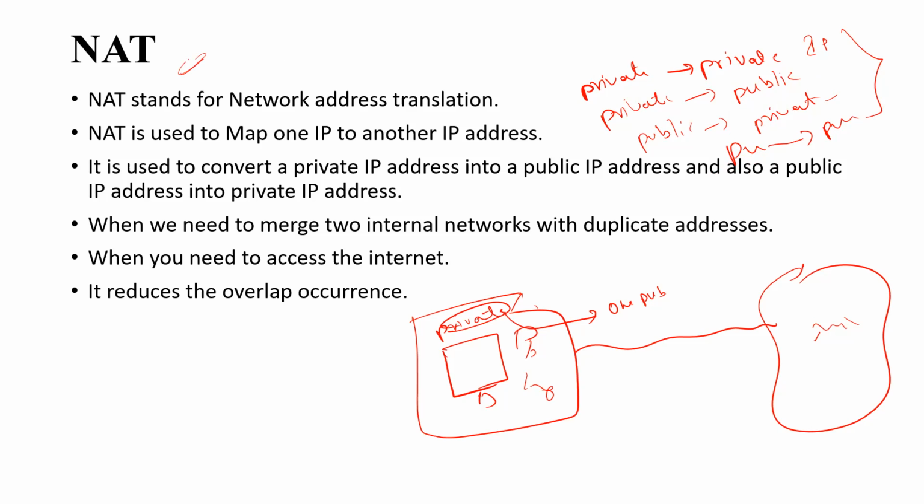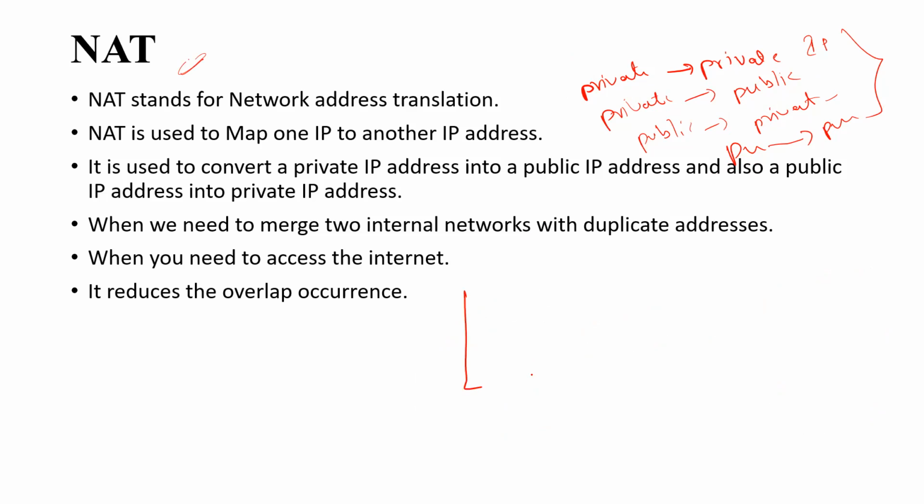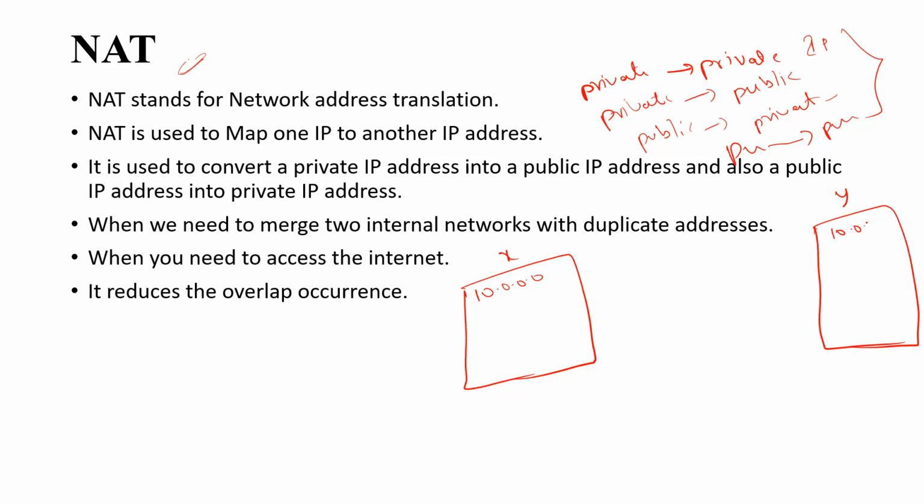We will see private to private, private to public, and all these things now. Here I'm mentioning private to private, right? Suppose we have two organizations, this is also an organization. Consider network X and network Y. Inside this organization we have the subnet 10.0.0.0/24, as an example, and here also 10.0.0.0/24.